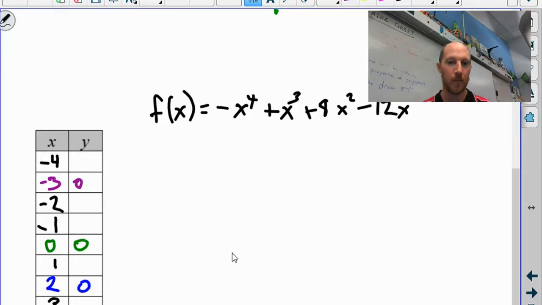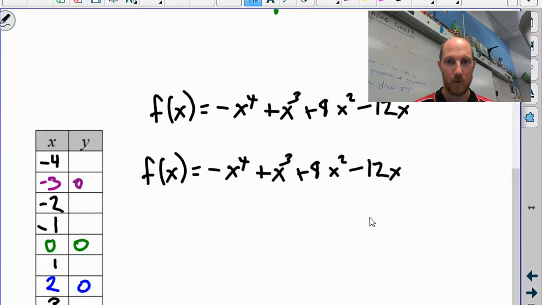So I'm going to take the function. I copied this down here, the standard form one. You could use either standard form or the factored version. Either way, you're going to get the same answers. And just as a demonstration here, let's do positive 1. It's an easy one to demonstrate.